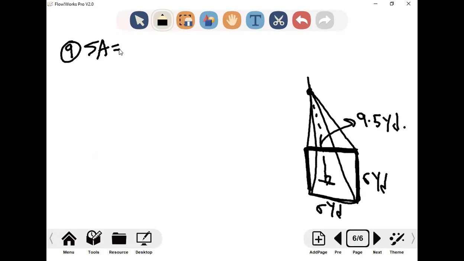Here, how many faces we have? Okay, how many faces we have? 5 faces, right? We have a square down and 4 triangles up. So to find the surface area, I will find the area of the square down and the areas of the triangles up. But the triangles up, all of them have the same base and the same height.